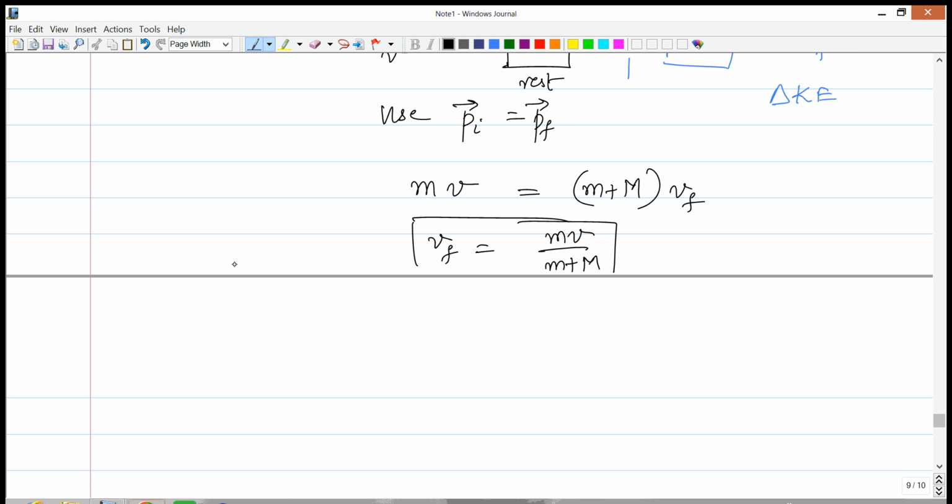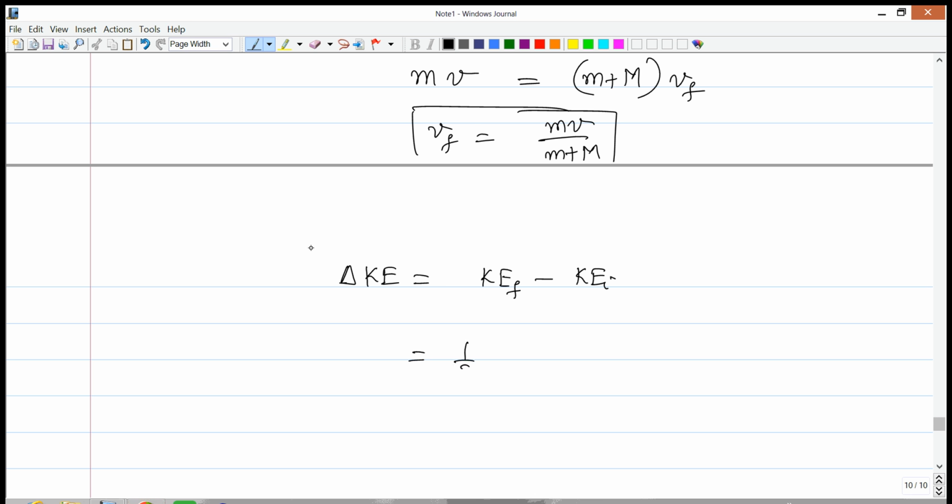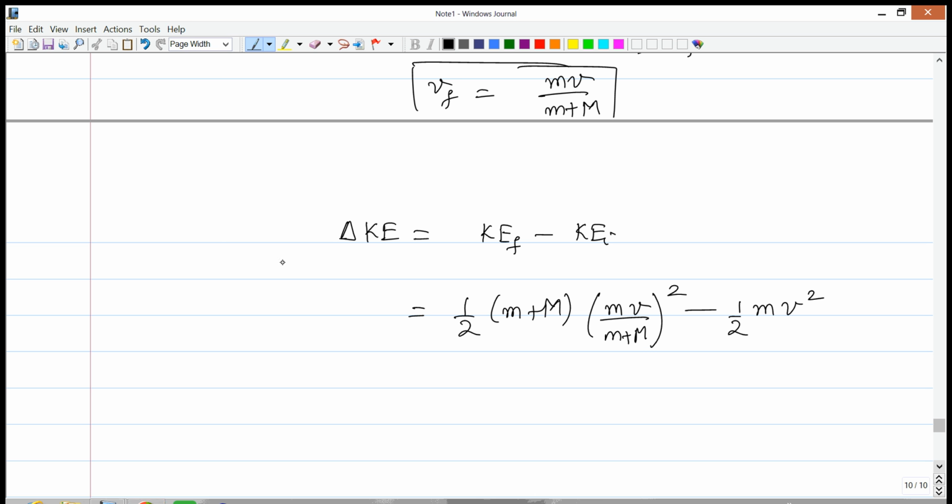Let us also find the change in the kinetic energy. So delta KE is going to be equal to KEf minus KEi. Now in the end, since they are moving as one unit, the kinetic energy is 1/2 (m plus capital M) times Vf squared, but Vf is nothing but mv over (m plus capital M). And in the beginning only the bullet is moving, the block is not going anywhere.